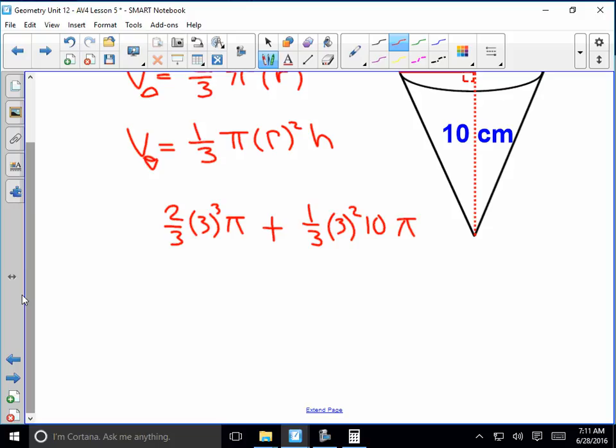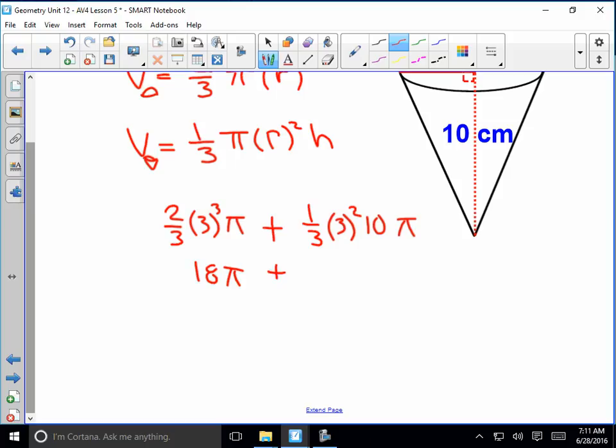So you always want to be careful when you're going through and simplifying these formulas and finding your answers. So we have 3 cubed, which is 27. 27 times 2 is 54. 54 divided by 3. Okay, so our hemisphere volume is 18 pi.